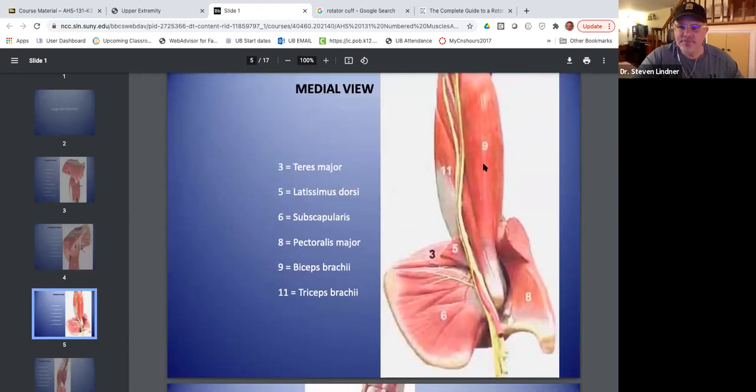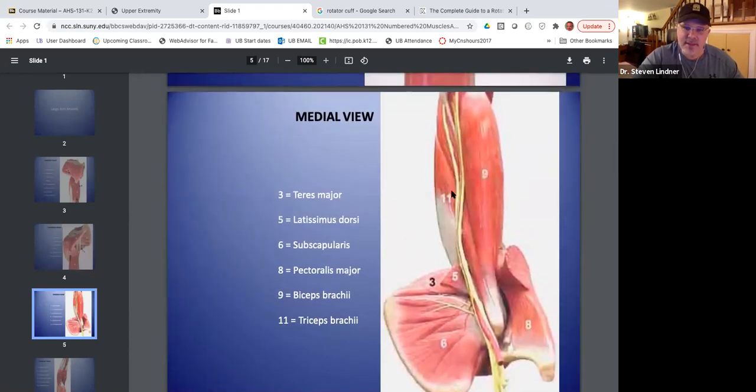So now, here's more of a medial view. Here's the subscapularis. Here's the clavicular division of pec major. And number 3, here's the teres major. Teres major and the latissimus dorsi have the same insertion site. So number 5, you're seeing this little piece of muscle, but the latissimus dorsi is huge, right?